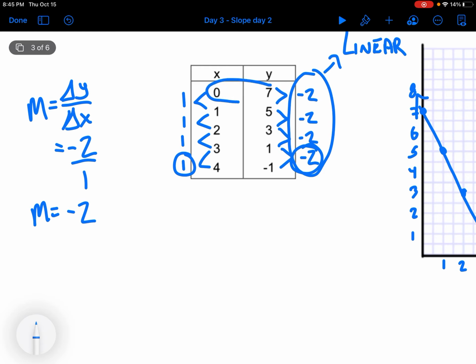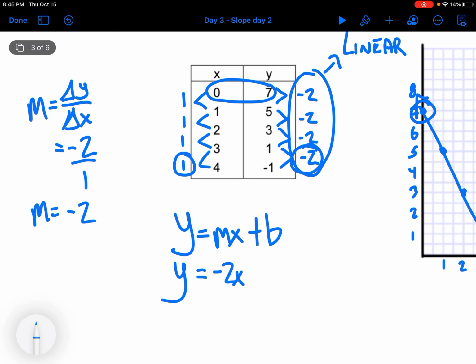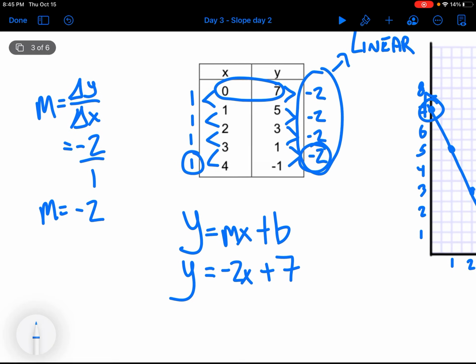That's where x is 0. So y is equal to 7 where x is equal to 0, or we could look at our graph and see that. So our equation is y equals mx plus b, where m is our slope, negative 2, and b, in this case, was 7. It's always where the graph crosses the y-axis, where x is equal to 0.